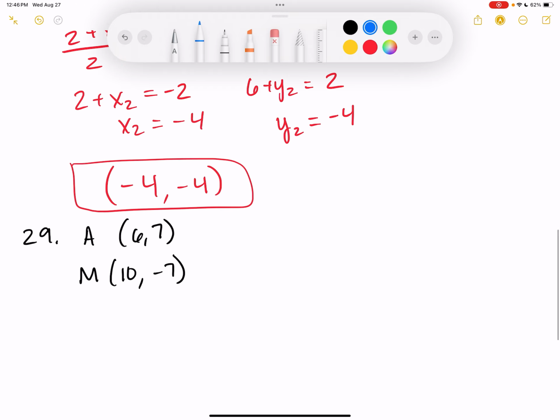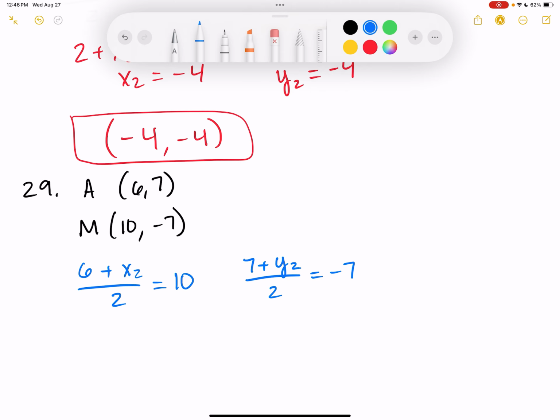So I've got 6 plus x2. And if you just want to say x instead of writing x2, that's also fine. Over 2 is equal to the midpoint value of 10. And then y, it's the y value of A, so 7 plus y2 over 2 is equal to negative 7.